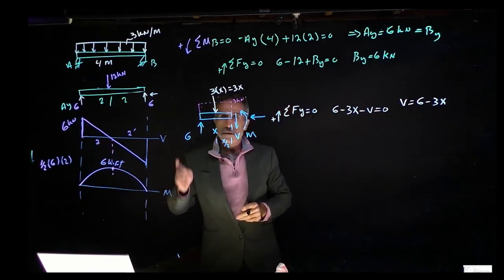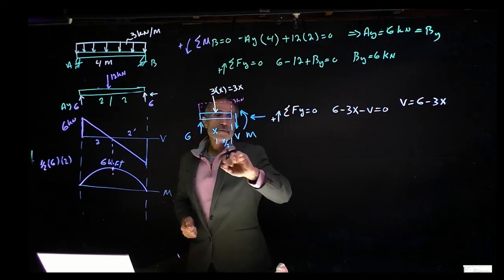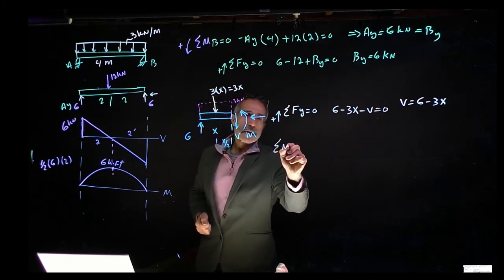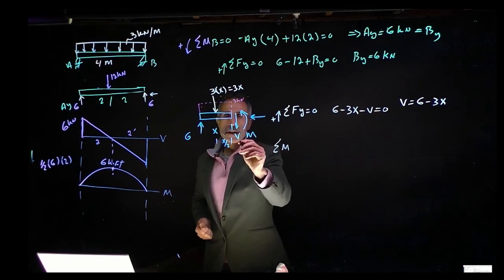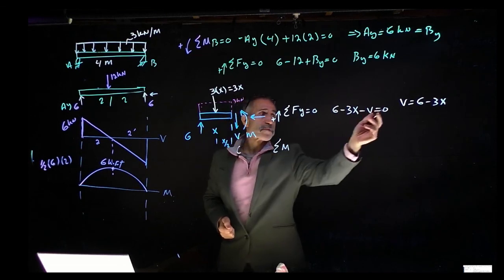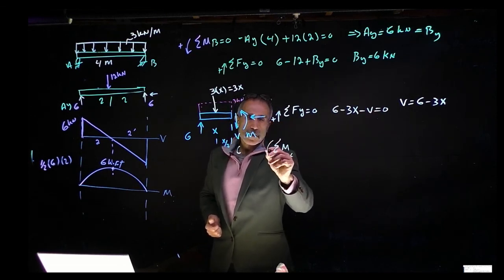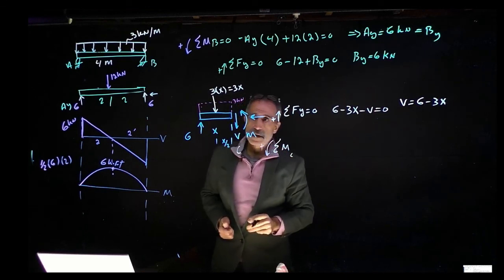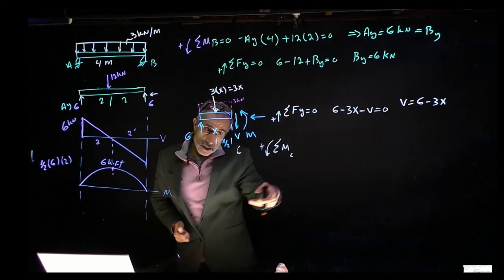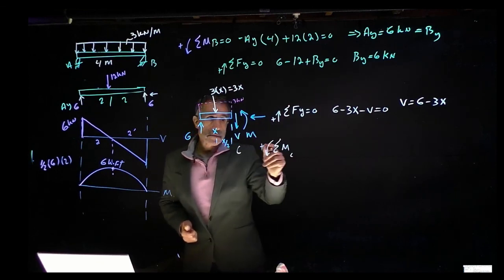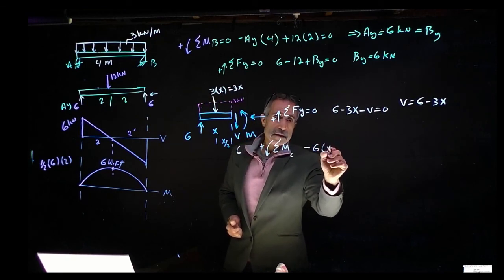What about the moment? Let's do the moment. We can take a summation of moments about this point. Call this point C right here. Going counterclockwise is positive. The 6 is going to go clockwise, so it's minus 6 times x, that's the distance.